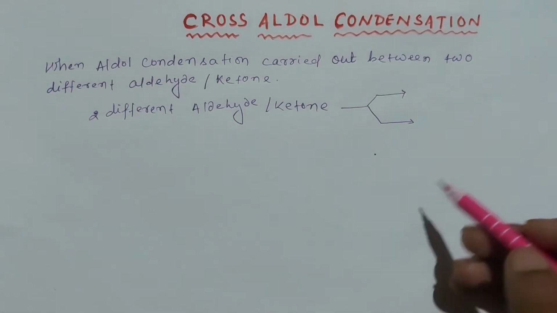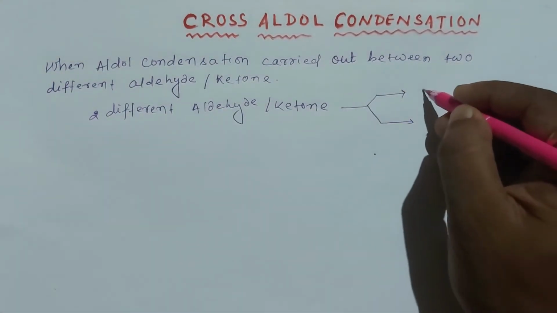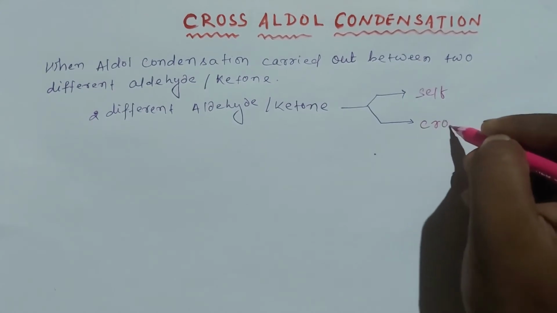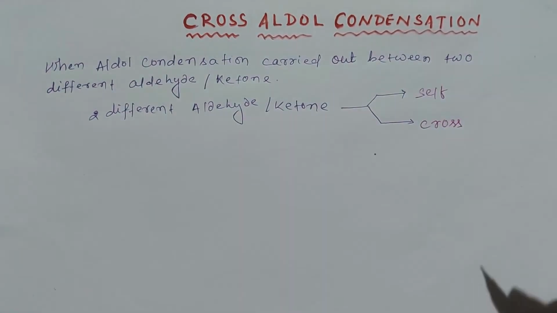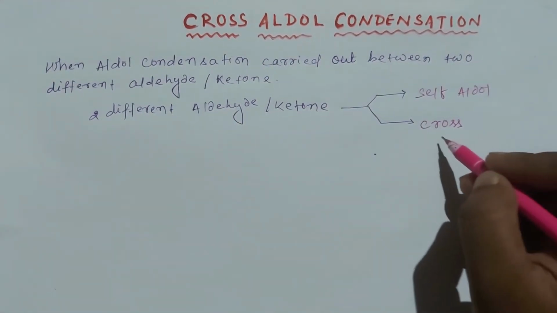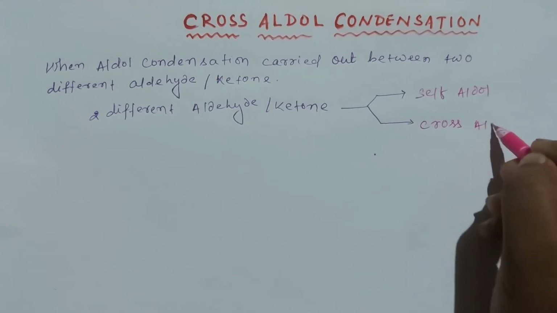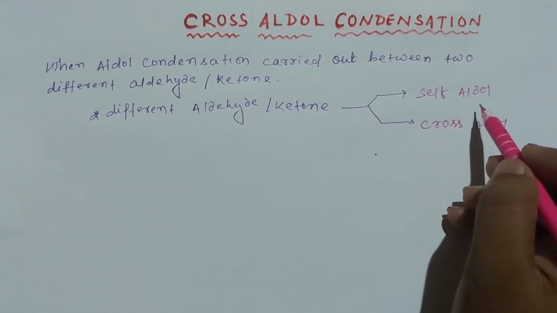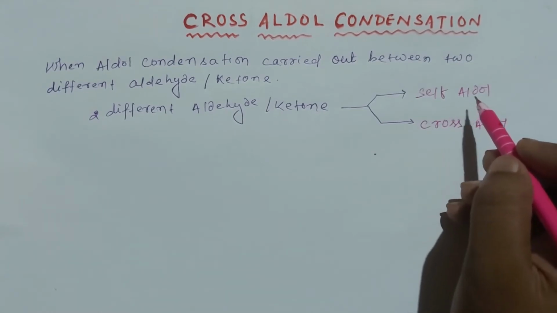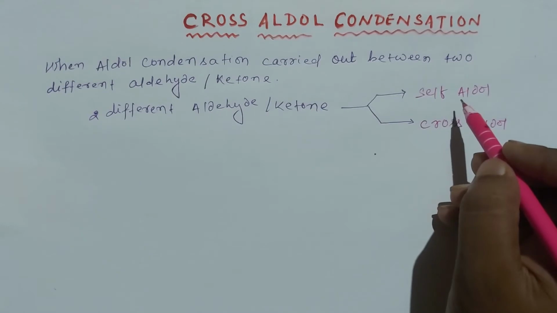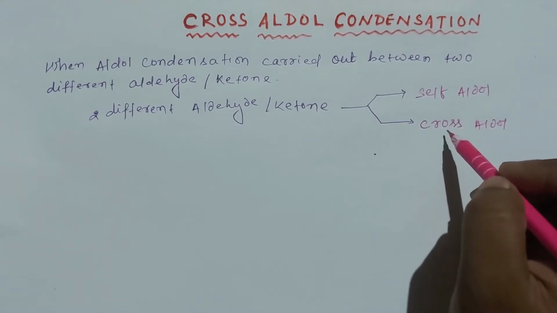The first type is the self aldol product and the second is the cross aldol product. The self aldol product occurs when the same type of aldehyde or ketone reacts together. If two different types of aldehyde react together, they will form the cross aldol product.